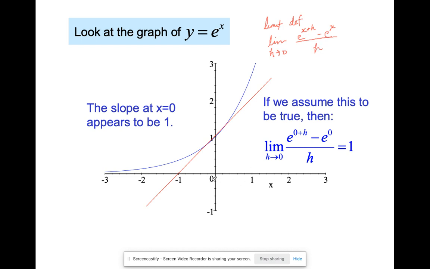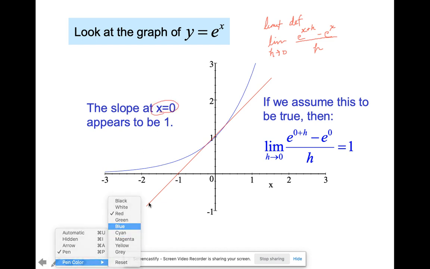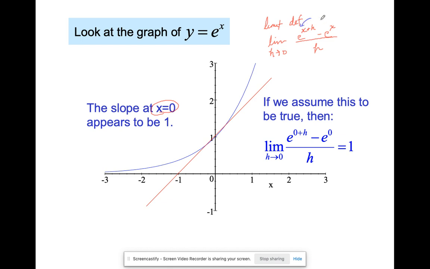But remember, what did I choose my x to be? I chose my x to be 0. So that's why you see a 0 here and a 0 here.